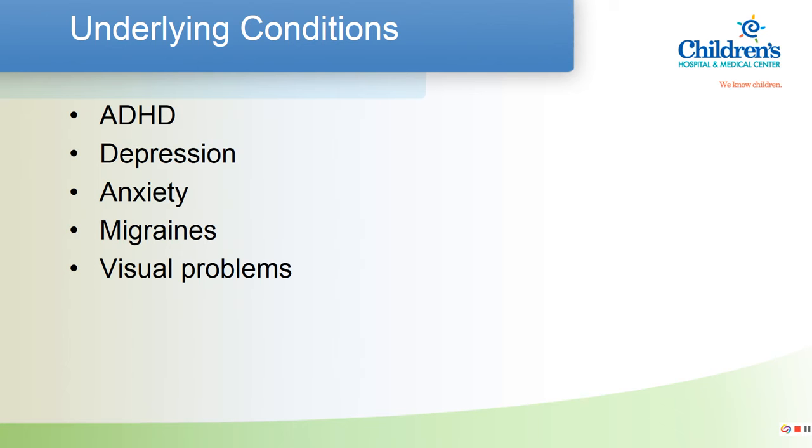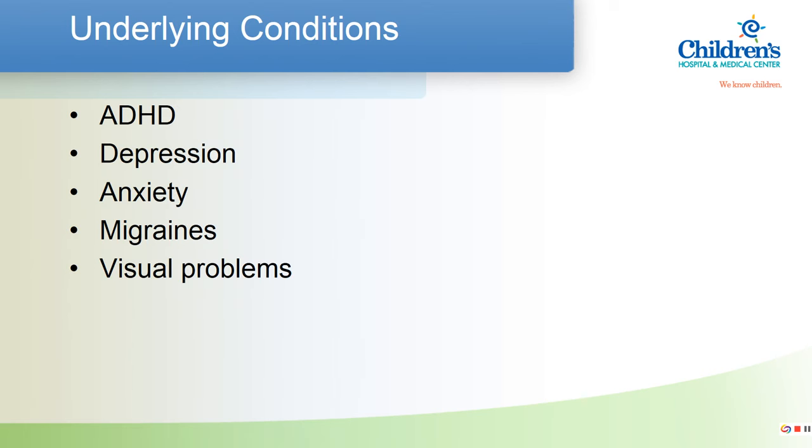Something else we talked about earlier today, and I'm not going to go into detail about any of these, is underlying conditions. For some students who already had them, the concussion can bring out those symptoms and sometimes make the concussion a bit worse. Some students maybe didn't know they had these, or the concussion helped reveal these diagnoses.